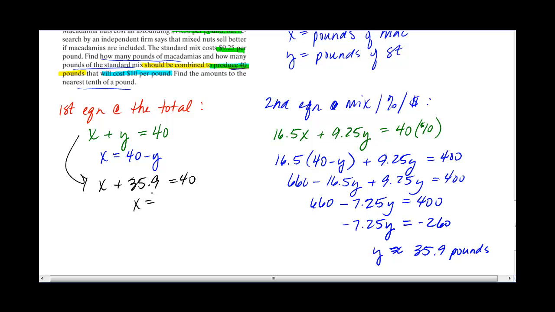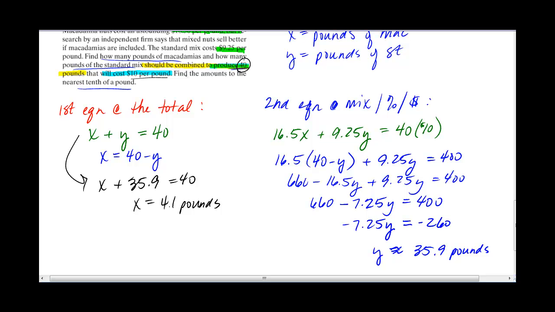So what I'm finding out is that I need 4.1 pounds of macadamia nuts to mix with my 35.9 pounds of standard to get my total 40 pounds that I want to produce. And if I do it in this manner, then the mixture will cost approximately $10 per pound.